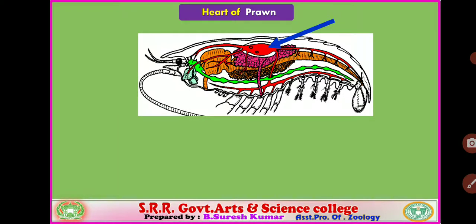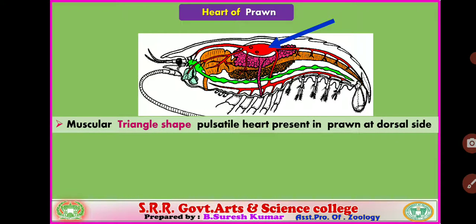Yes, after pericardium, now we are going to discuss another part of the circulatory system, that is the heart of prawn. The heart of prawn is triangular in shape, and it is a muscular and pulsatile organ. It is capable of contracting and relaxing.